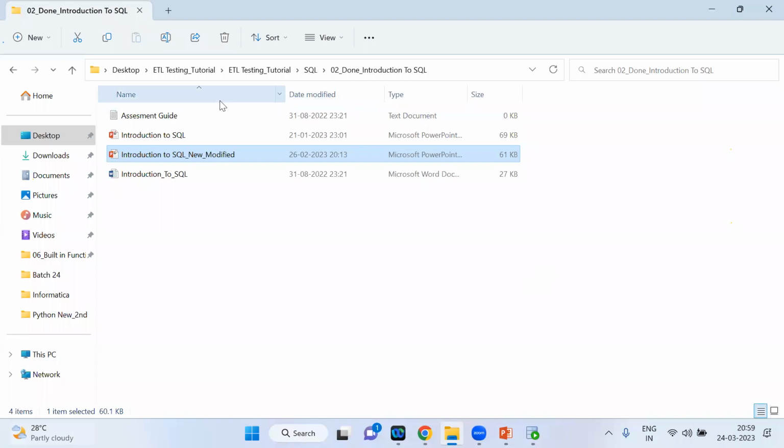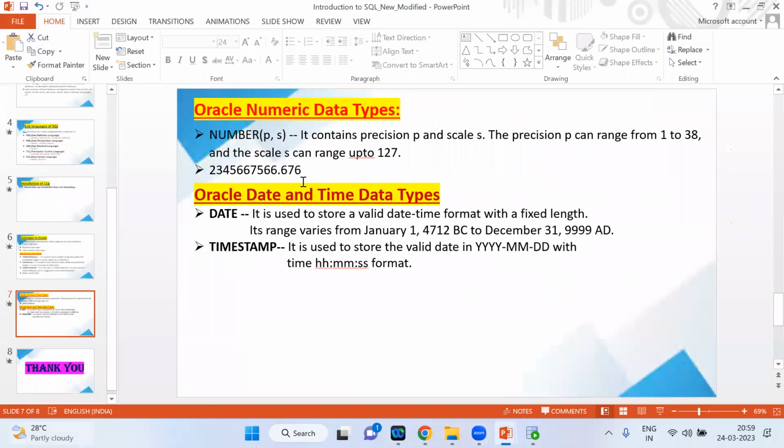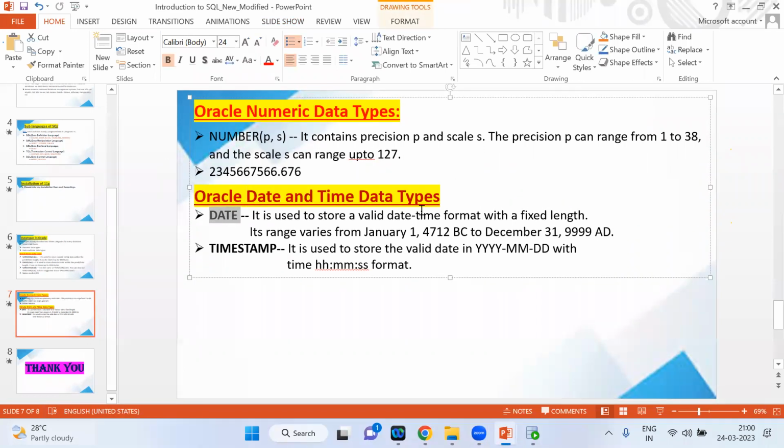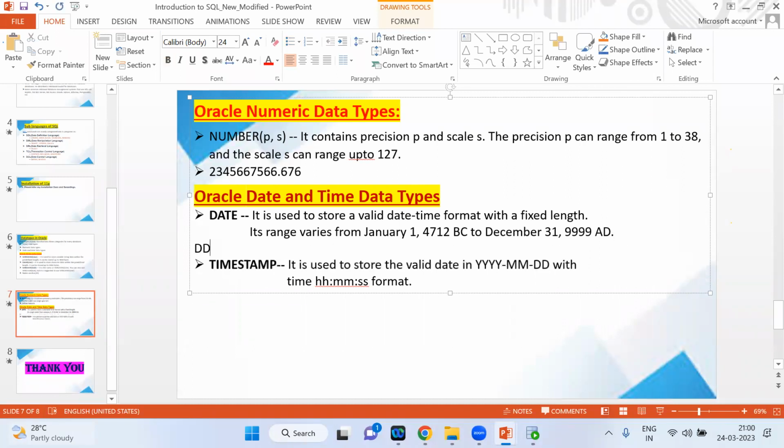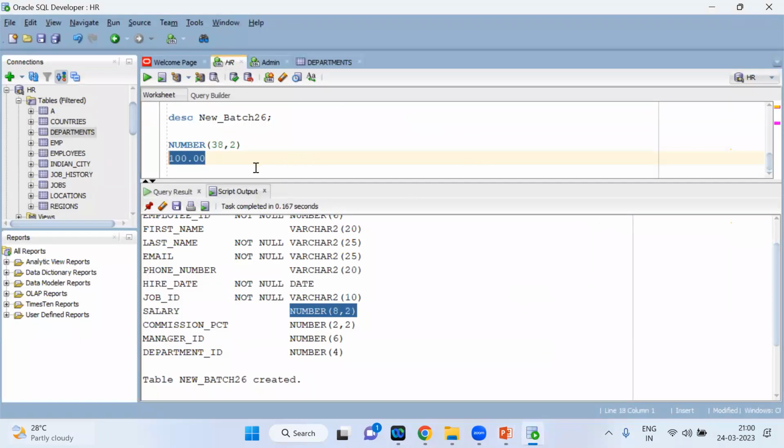What is the difference between date and timestamp? With date, you will be able to insert only the date in this format, DD MM YY. When you mention date as a data type, you will be able to insert data in this format only.